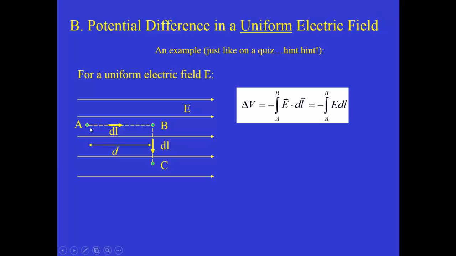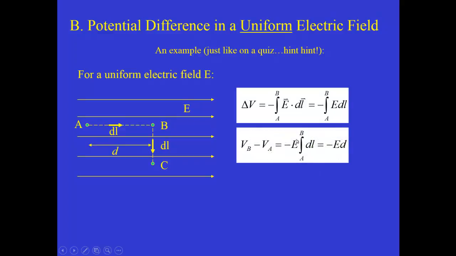Now I said a minute ago that we could easily do this calculation on any path and it would give us the same answer. But some paths make the calculation easier than others. So we'll always pick the easiest path, and here it's natural to pick a path that will be parallel to the electric field vector. So delta V is minus the integral from A to B of E dot dl. And notice in this path, E and dl are parallel, so E dot dl just becomes magnitude of E times dl.